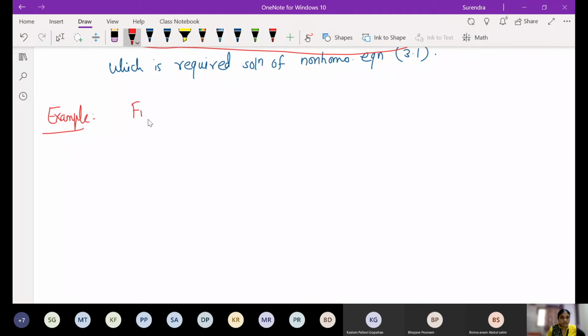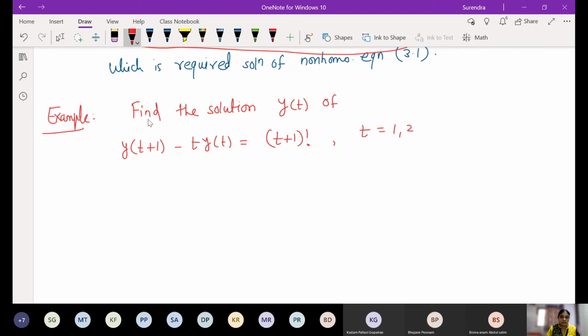Example 3.1: find the solution y_t of the difference equation y_(t+1) minus t times y_t equals (t+1) factorial, where the domain of t is given to be 1, 2, 3 and so on, discrete values, so that y at 1 is equal to 5.